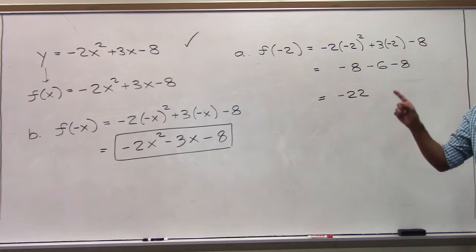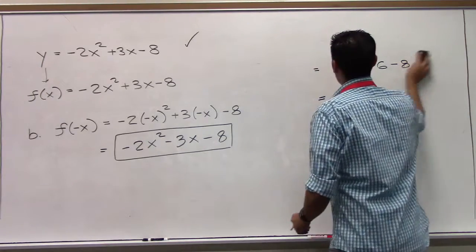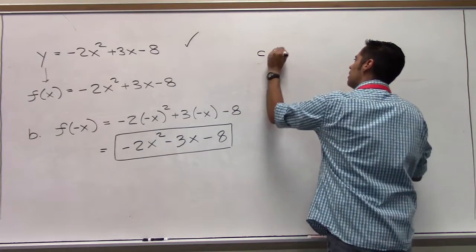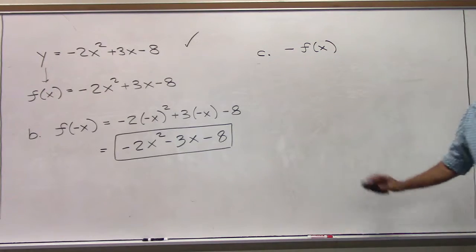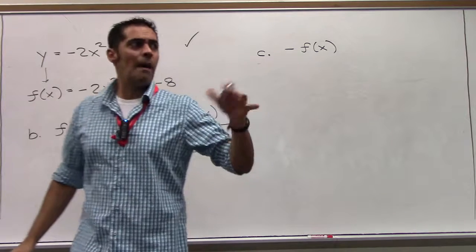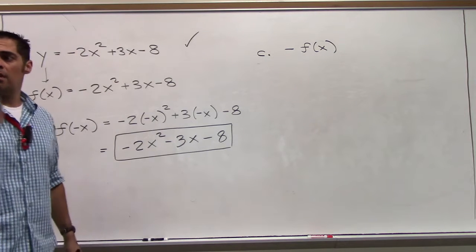Now, I'm going to box that. I'm going to come back to that because I want to ask you something about that after we do part C. Part C is asking us to find negative f of x. So what does that mean? Opposite. We're going to use inverse later. It's going to mean something different. So opposite. It's the opposite of what f is.